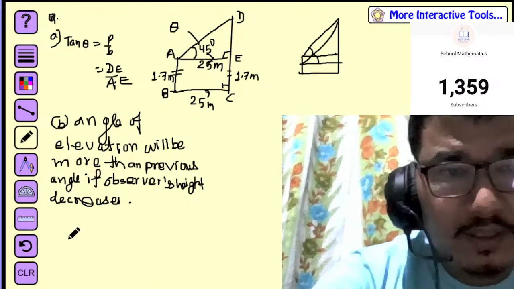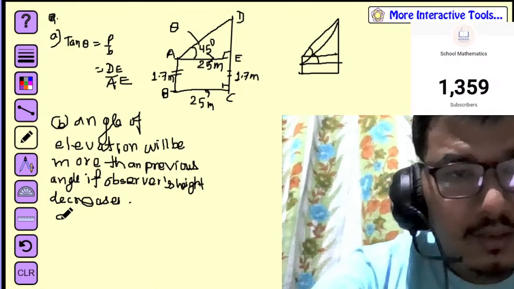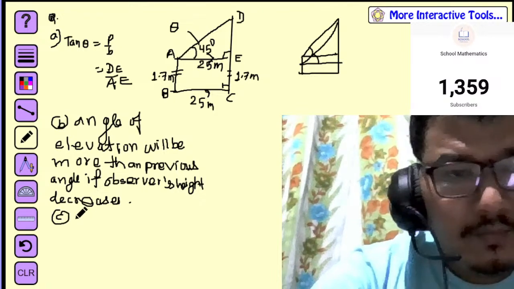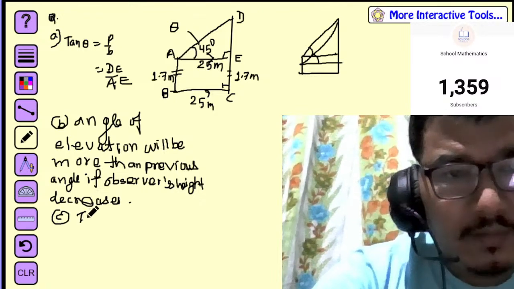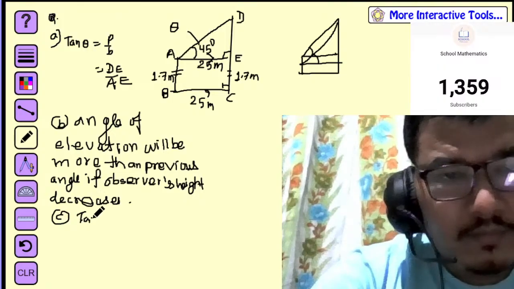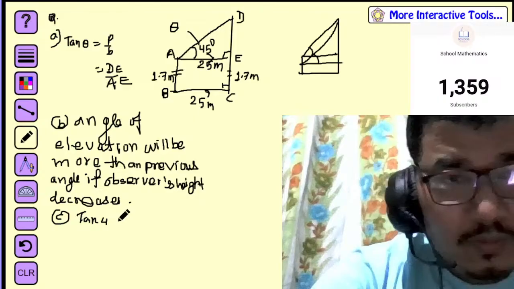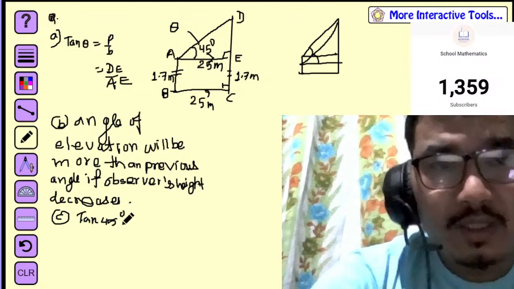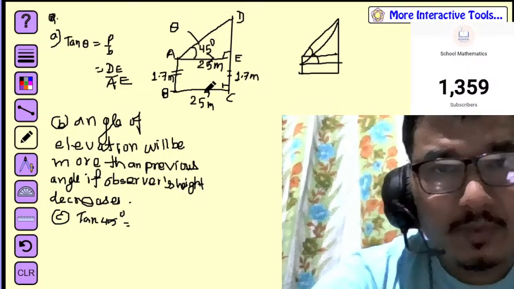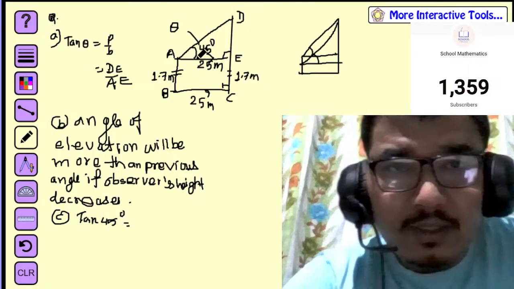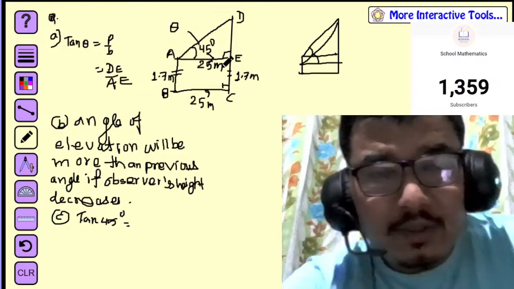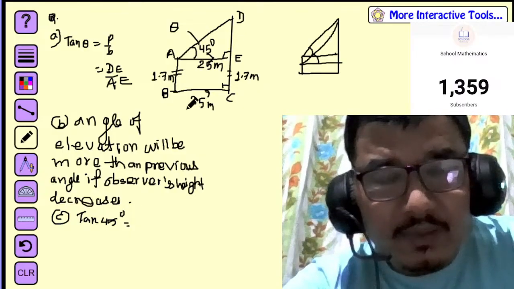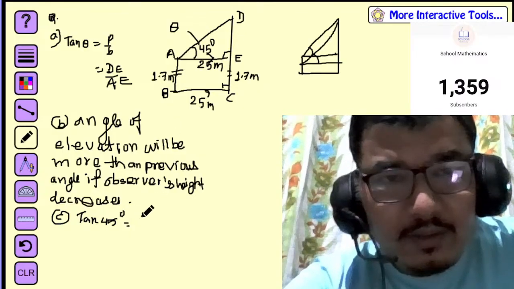We know that already. C number. We can use tan 45 degrees here. When you find the tan 45 degree value, there will be this one, and this is 25, and this is DE.